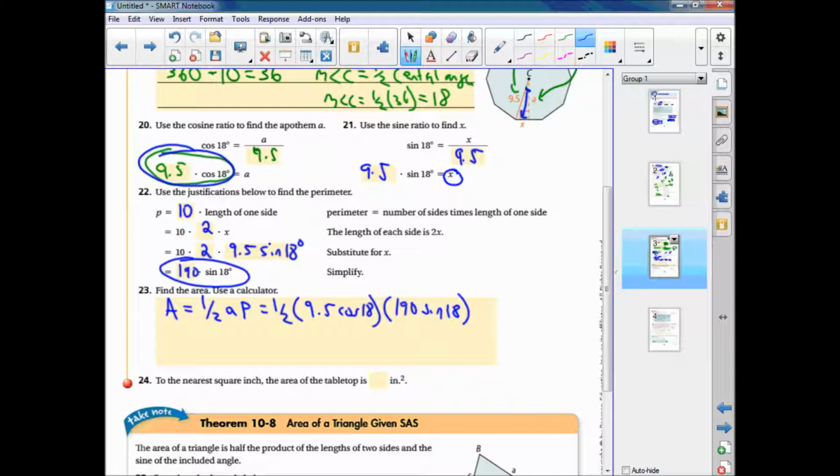Okay, and then if we type all that stuff on our calculator and round it, we're going to get 265.23809 other stuff. Okay, so we're going to round it to the nearest square inch, so that's going to be about 265 inches squared.